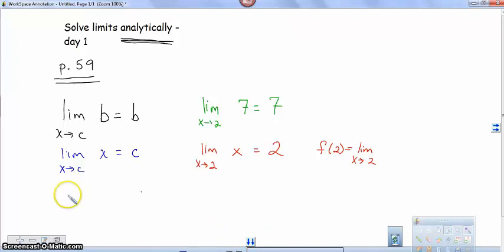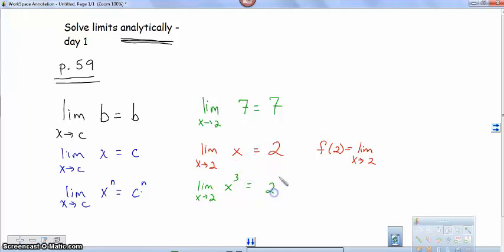The last one I want to show you, and this kind of will lead us into some examples, the limit as x approaches c of x to the n, so some power, is going to be c to the n. For an example, let's look at the limit as x approaches 2 of x to the third.